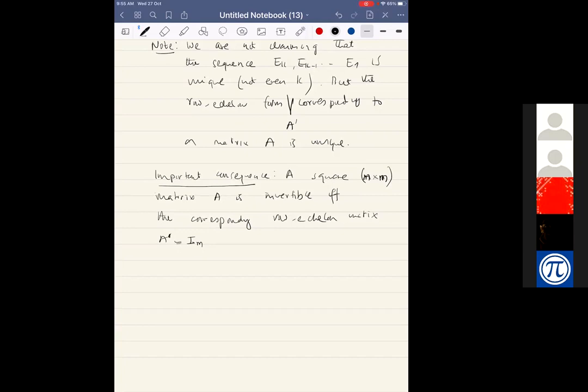There are 4 entries, so the space of 2 by 2 matrices is R to the 4. It's a 4-dimensional vector space with a basis, so I can identify it with R4. We call this M2 cross 2. That's a vector space that's isomorphic to R4.